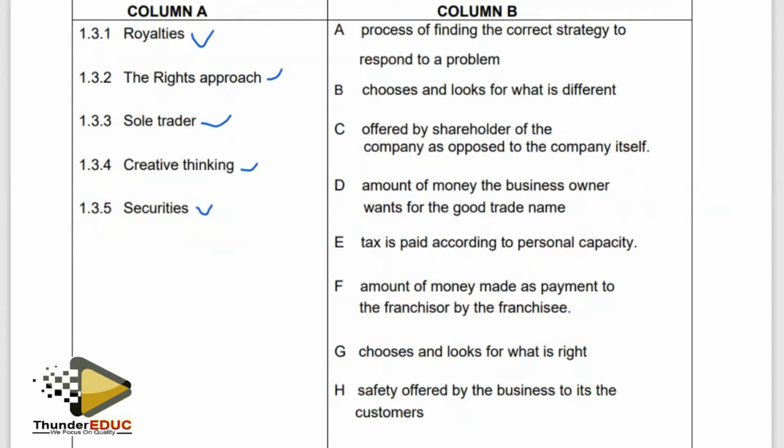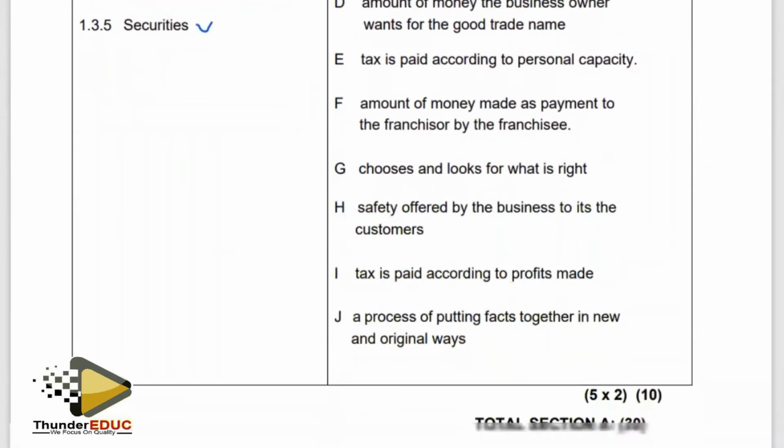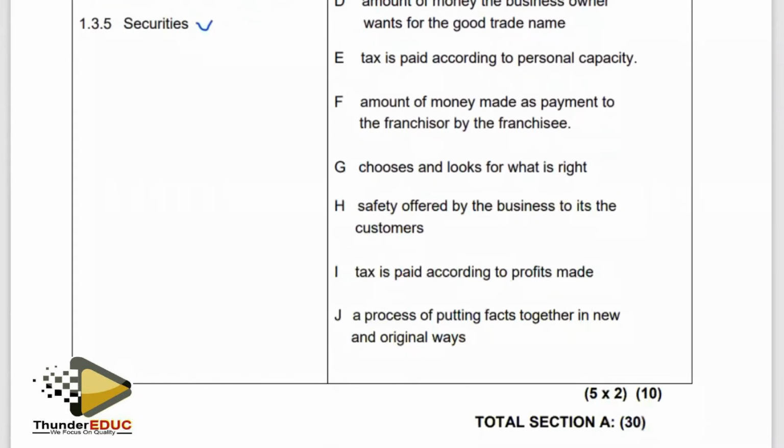Okay, let's see whether we shall find it. So we try to correlate the two to see whether they are matching before we go to the next one. Safety offered by the business to its customers, yes.